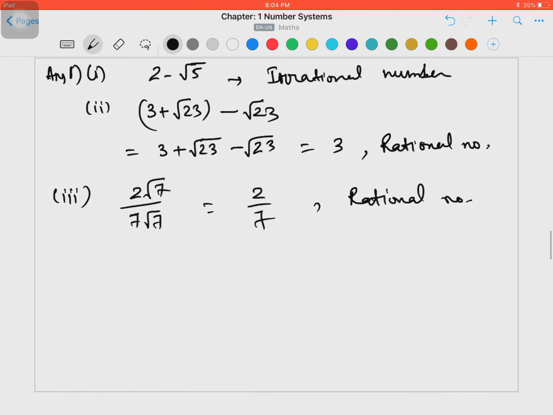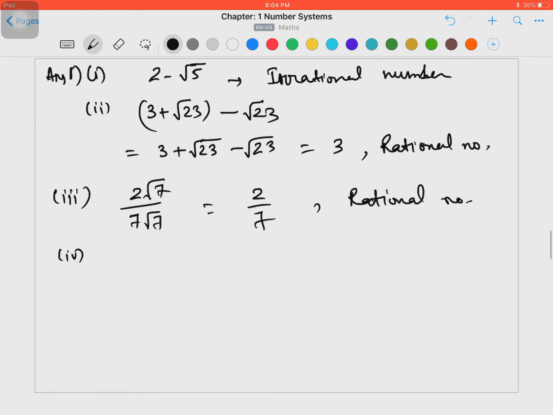Next one is 1 by root 2. We have studied that when you divide a rational and an irrational number, the result is always an irrational number.